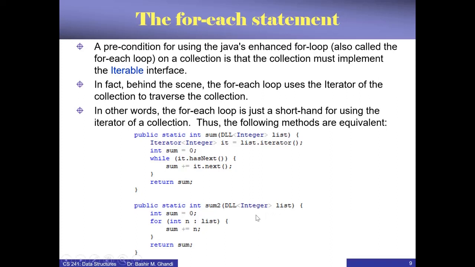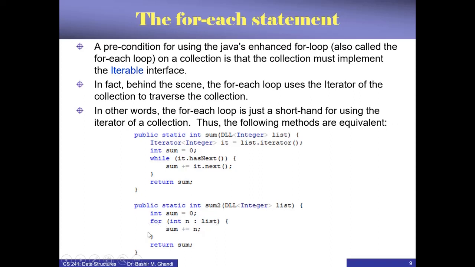It's much easier to use for each to iterate through a collection. You just initialize your sum to 0, and you say for each integer n in the list, add n to the sum. This is how we used to do it.